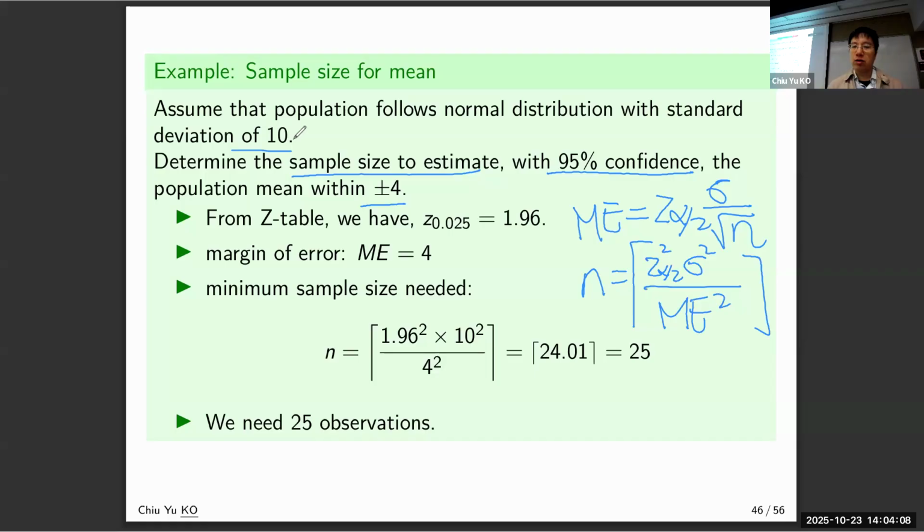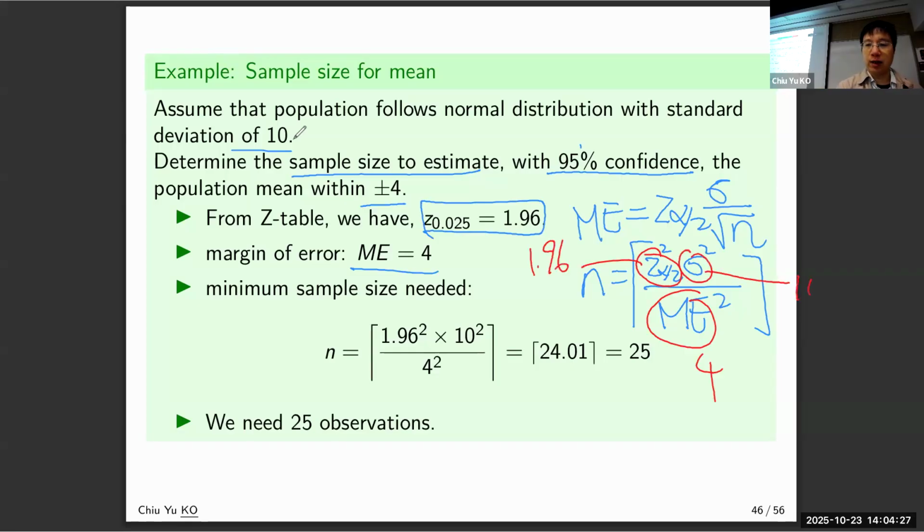Just figure out each thing. For 95%, Z is 1.96. ME is 4. And sigma is 10. Just plug in all the numbers there. It's 24.01. You take the smallest integer that is larger than that number, which is 25.